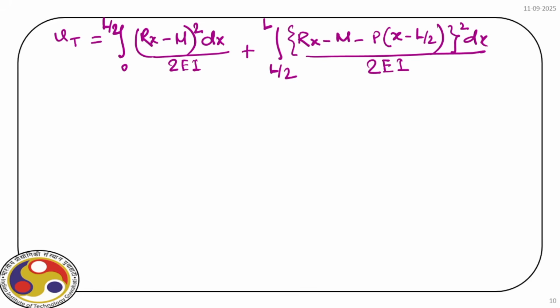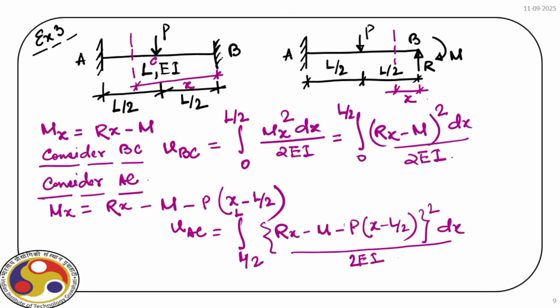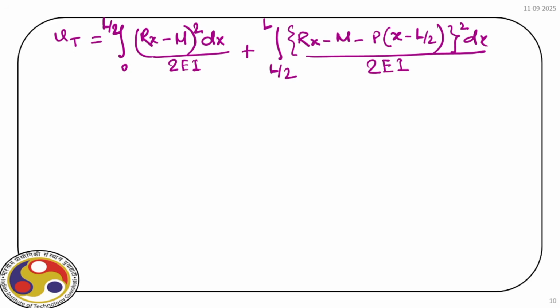Now, if we look at the structure, if we differentiate bending strain energy with respect to R, obviously that is the displacement at that point, and as per given boundary condition, it is 0. So effectively what we do, we differentiate the total strain energy with respect to R and equate it to 0.